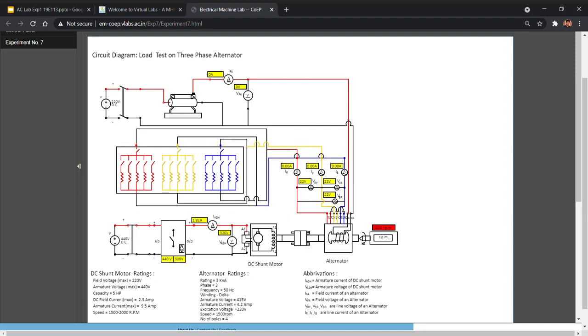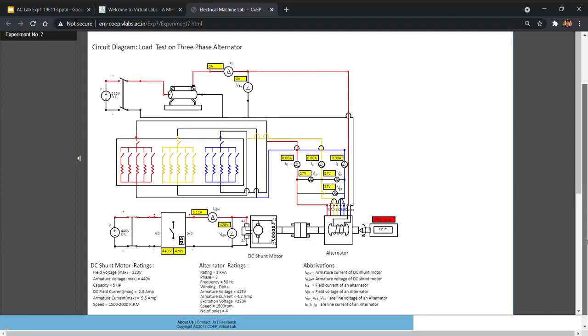Now the alternator is running at its rated speed.